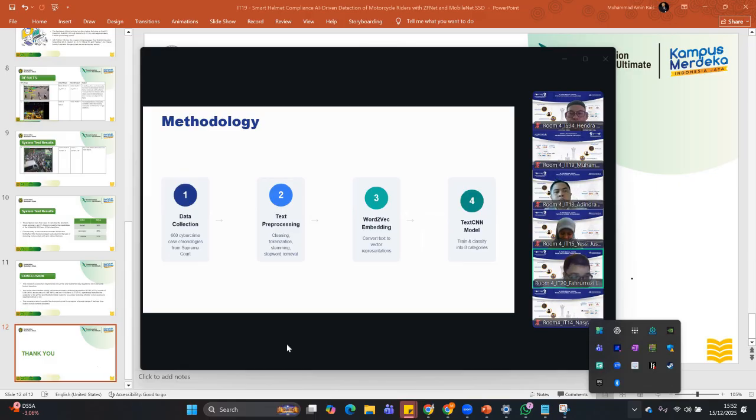Stage 3 is word-to-vec embedding. Here, textual data is converted to dense vector representations that capture semantic relationships between words. And the last stage is text CNN model training.